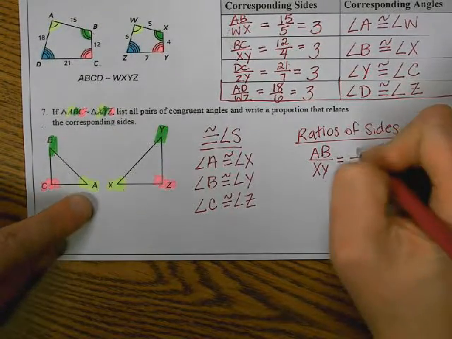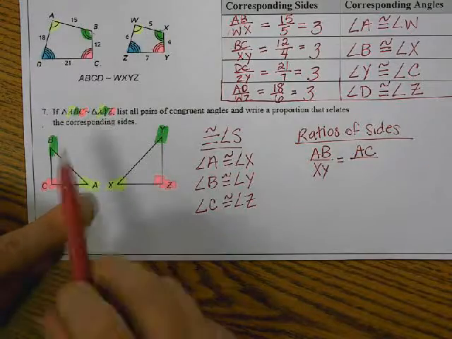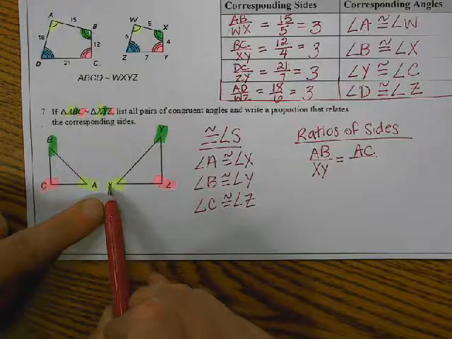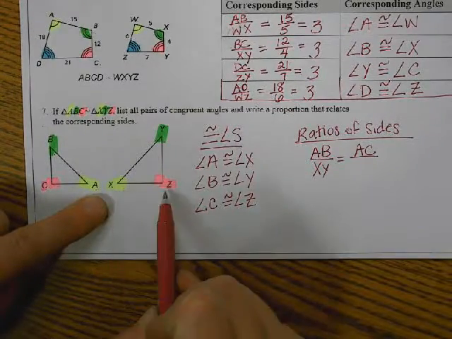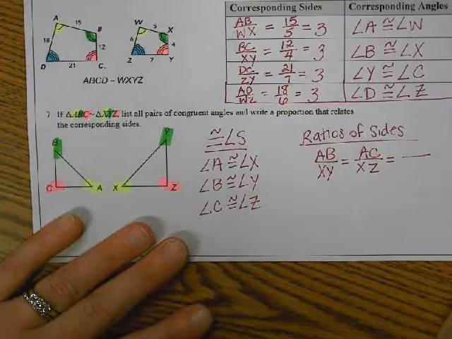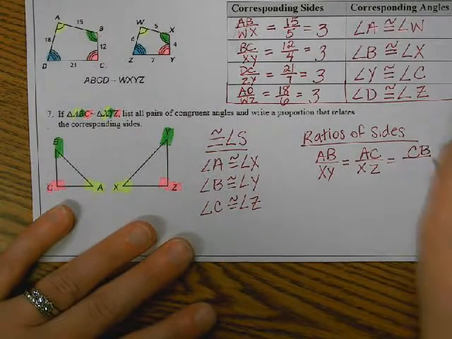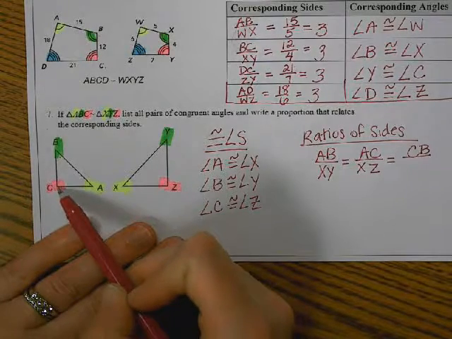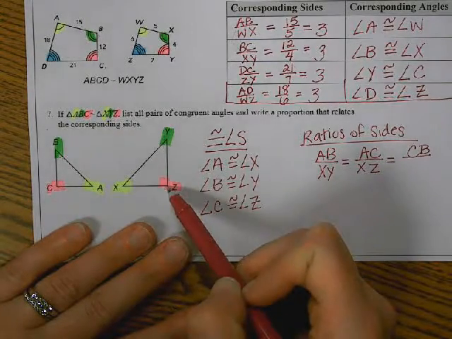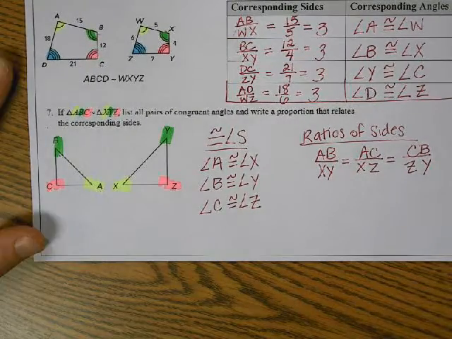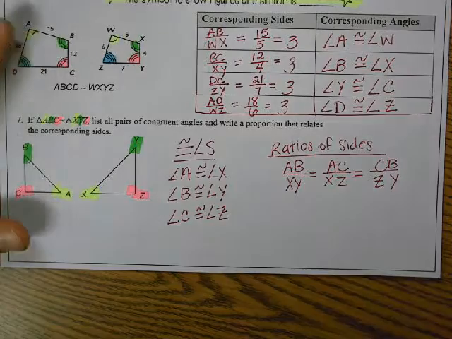Then we say side AC goes over top of side what? AC is yellow, pink, so we're going to say yellow, pink, or XZ. And lastly, we have side CB, and that's going to go over top of what? CB is pink, green, so ZY. And so that would be our ratios of our sides.